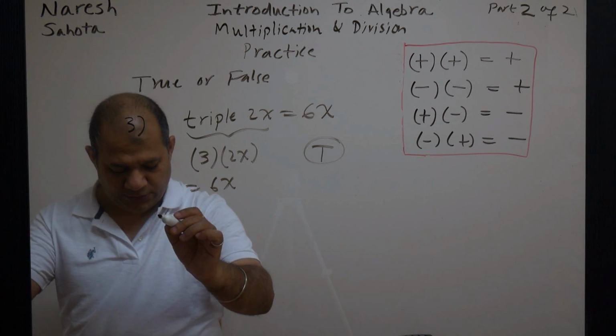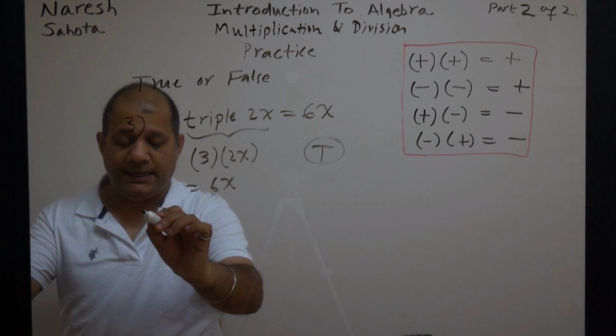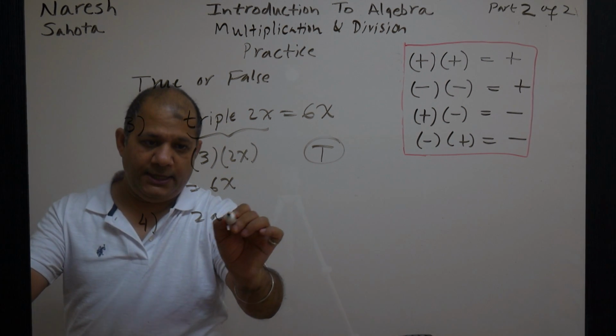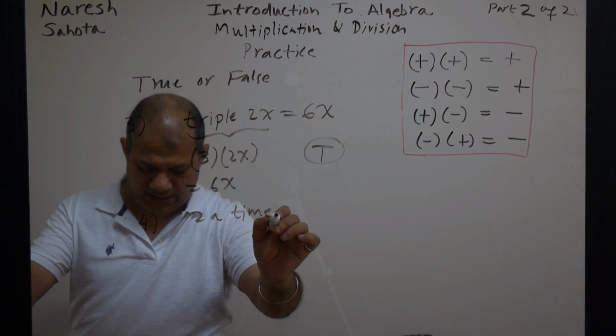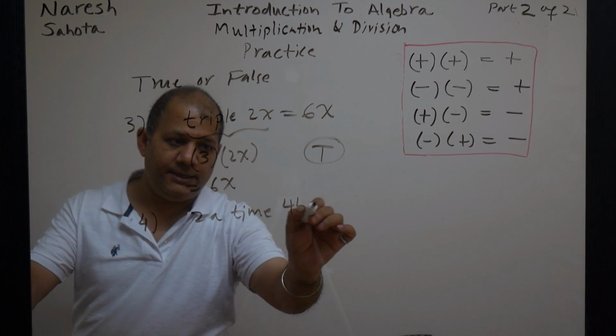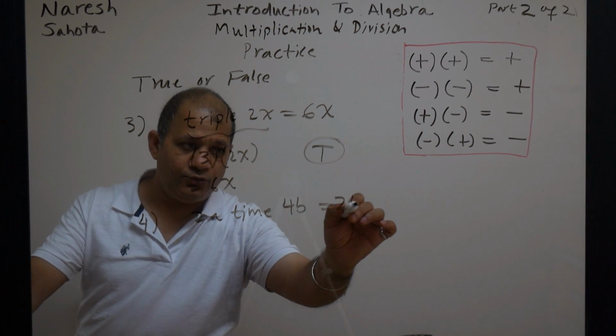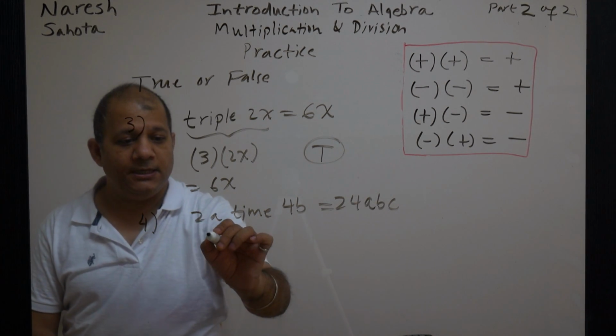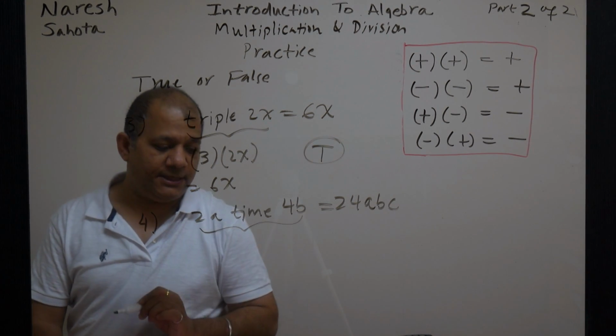All right, so now let's look at number 4. 2a times 4b is equal to 24abc. So let's work this part out, the left side.